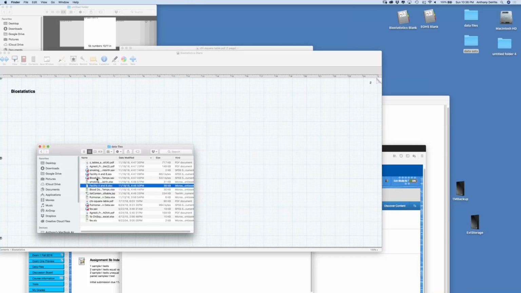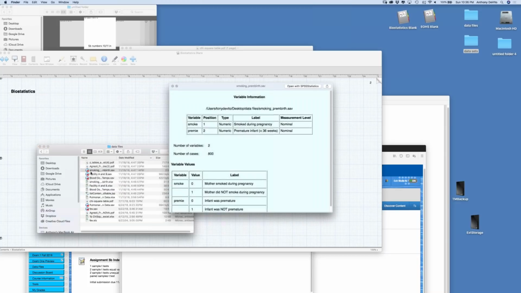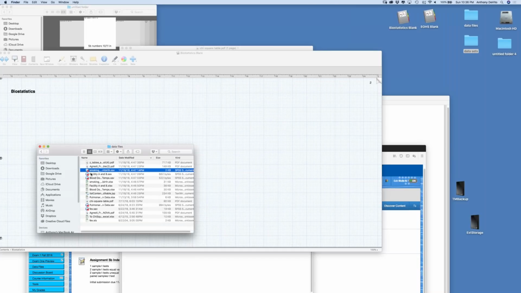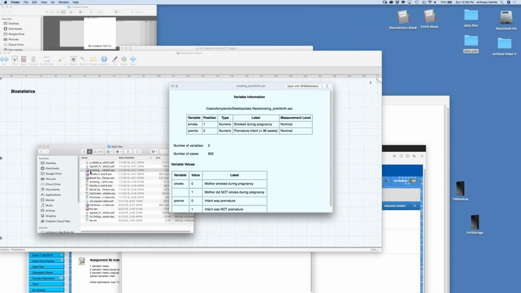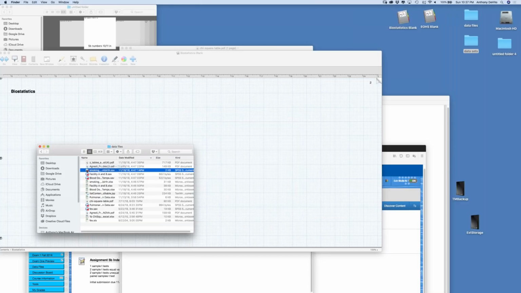Nope, numerical. Numeric. Wait a second. Oh no, that's actually, yeah, nominal and nominal. Okay, let's take a look at this one.